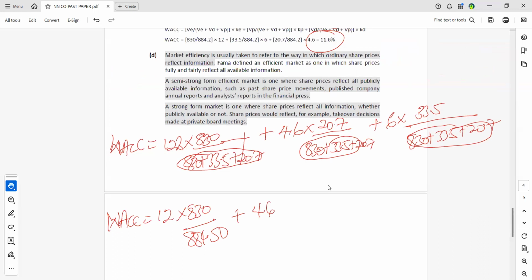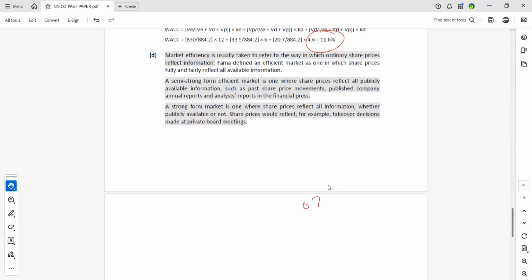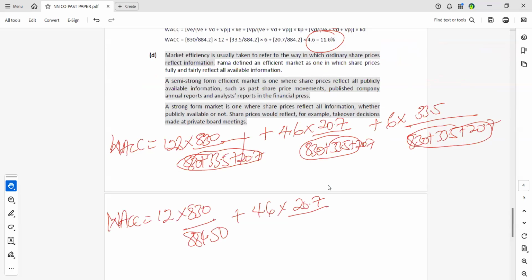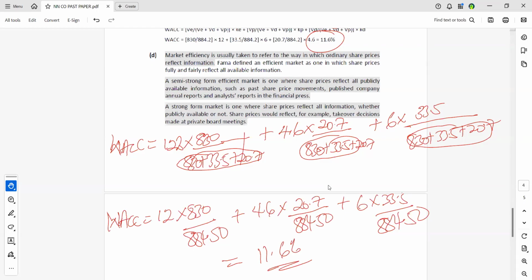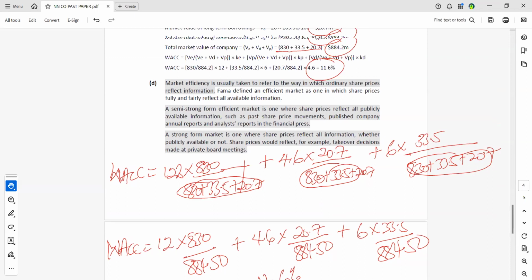Plus 4.6, that is the KD times 1 minus T cost of debt, and the value of debt is 20.7, all over 884.5. Then the last bit, 6 times 33.5 all over 884.5. So he said his answer is 11.6%. So that is his weighted average cost of capital.